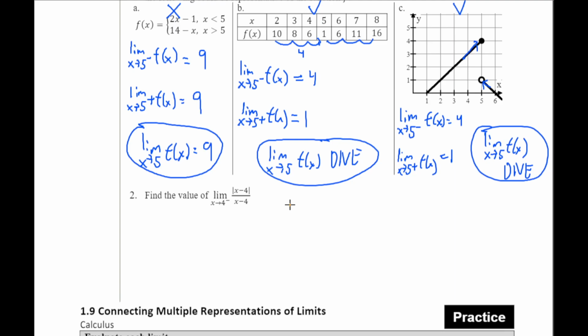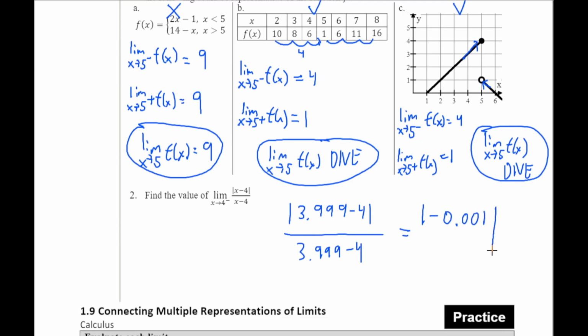So you can do, let's say, the absolute value of 3.999 minus 4 on the top, and on the bottom is 3.999 minus 4. That gets you an absolute value of negative 0.001 on top.